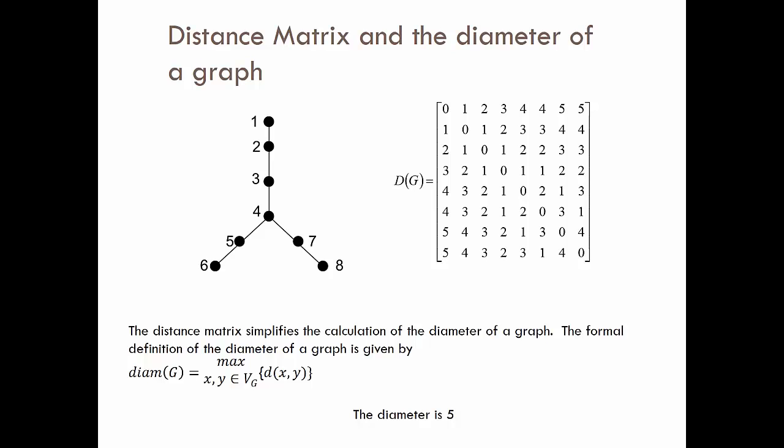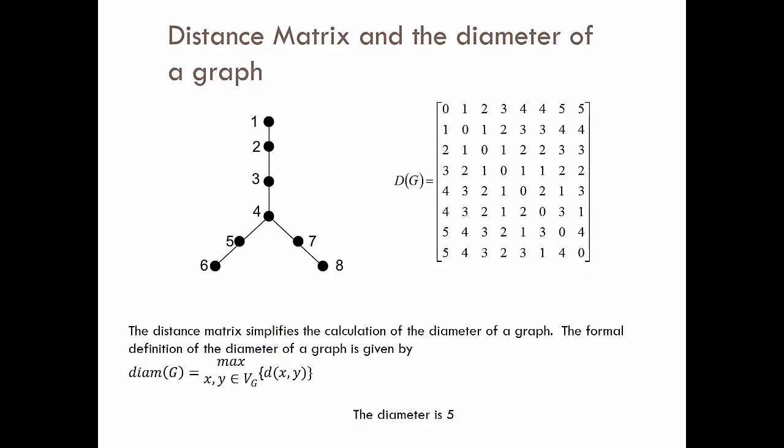Now, the diameter of the graph was defined in our book. It's much easier to use the distance matrix to talk about the diameter of a graph, so that's what we're going to do. The formula for the diameter of a graph is given below, where the diameter is the maximum, taken over all pairs x and y in the vertex set, of the distance between any pair of vertices.